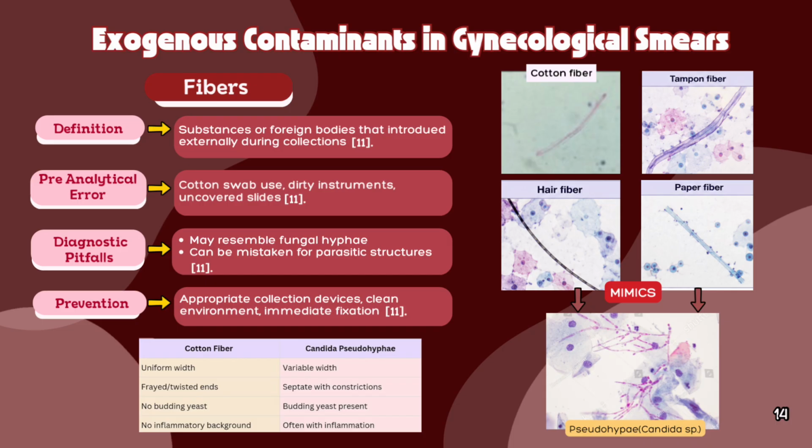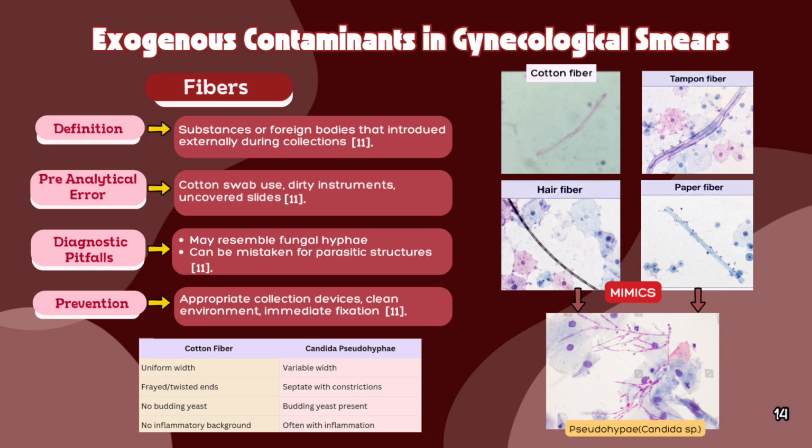To differentiate fibers from true microorganisms, several features can be observed. For example, cotton fibers usually have a uniform width with frayed or twisted ends, and they do not show budding yeast or an inflammatory background.